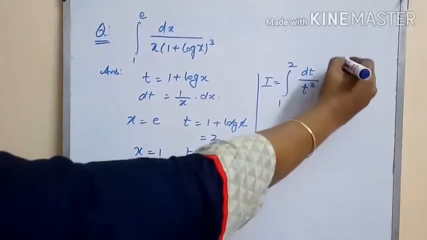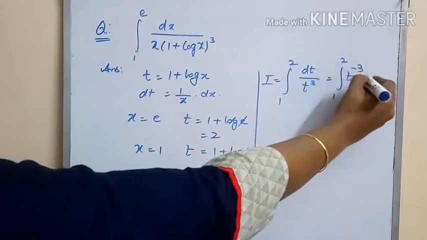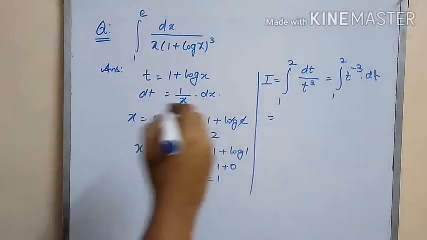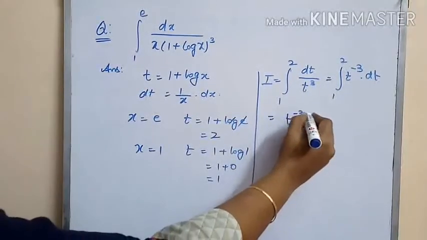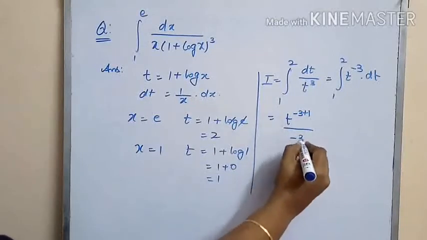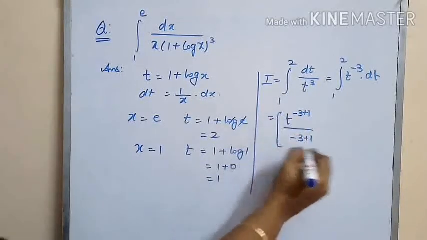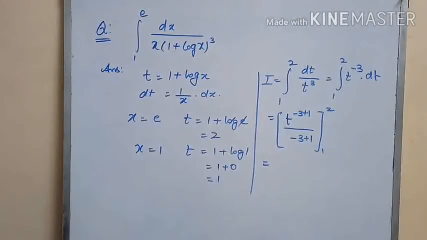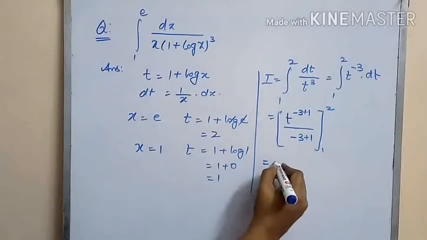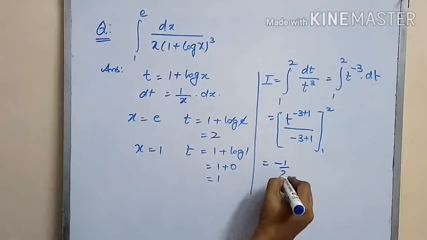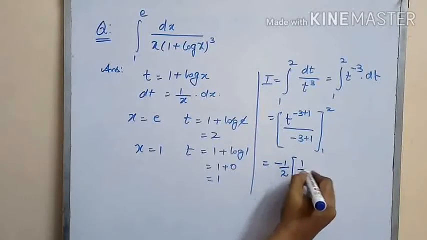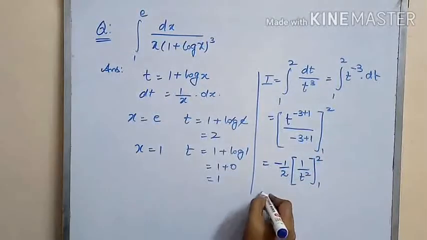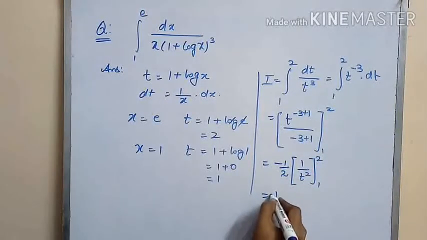So we can write it as t to the power of minus 3 dt, integration of which is t to the power of minus 3 plus 1 by minus 3 plus 1, limits are 1 to 2. We get minus 1 by 2, which can be brought out, into 1 by t squared within the limit 1 to 2.